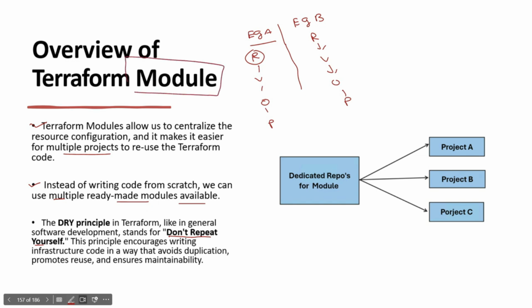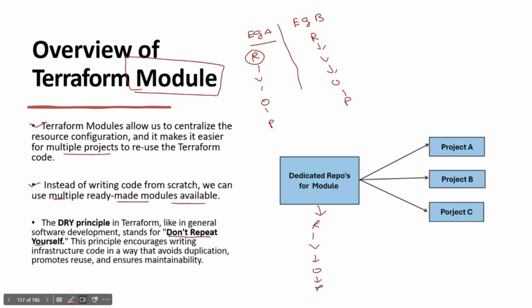So what is the exact meaning of the module approach? It means that instead of writing code from scratch, we can use multiple ready-made modules available. So we are going to have a dedicated repo for modules, where we write the resource block, variable, output and provider.